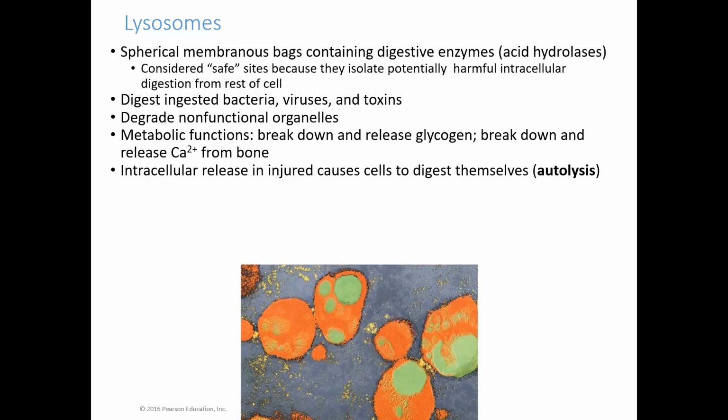If a cell is damaged beyond repair, the cell will undergo self-destruction, what we call autolysis. The cell will release its own digestive enzymes and dissolve its cell membrane and fracture, essentially. And then if that didn't take care of the cell, then all its friends and neighbors will come over and finish the job.